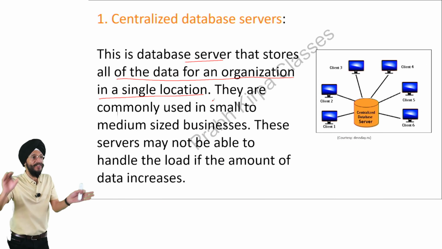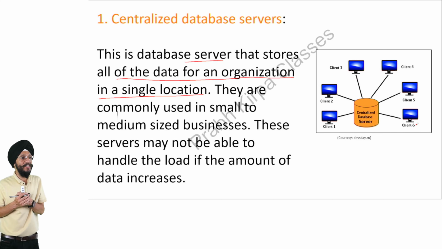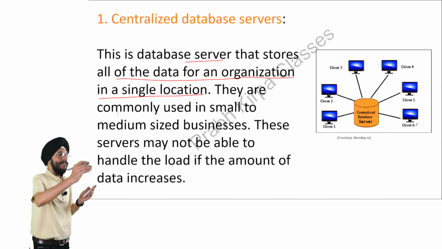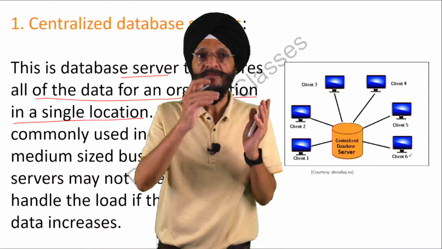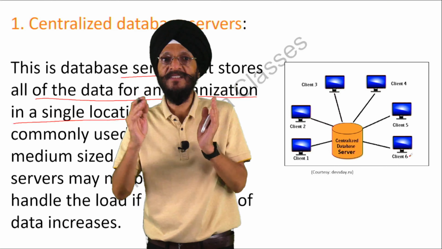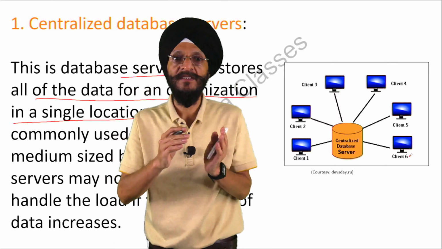For example, suppose this database server is in a position to handle say 600 clients, but if the workload increases and the number of users or the employees in the organization increase to 1000, but the capacity of the database server is only to handle up to 700 users, then the centralized database server may not be able to handle the load.